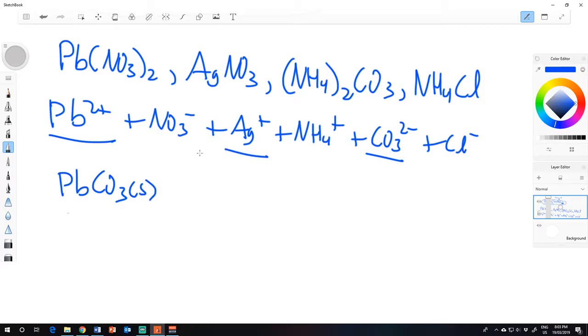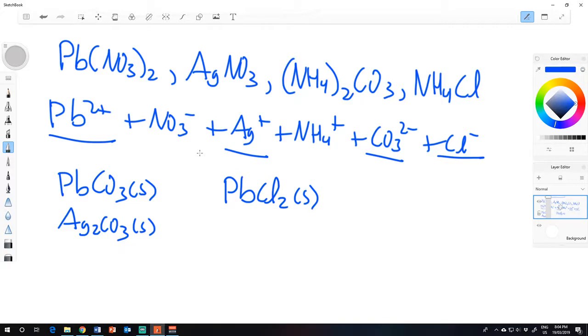The silver and the carbonate, same thing. The silver carbonate will result in a low soluble compound, so I can write a net ionic equation for that. The lead chloride will be another one, PbCl2. That'll be a low soluble compound, so I can write a net ionic equation for that.